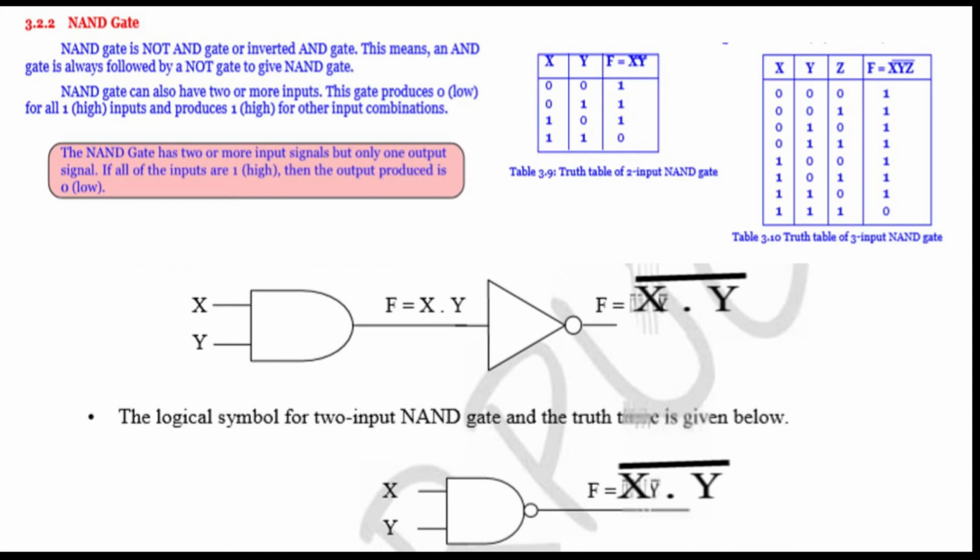So you can see on the screen X and Y are given as input to AND, and X into Y is the output, and that we will give to the NOT, and we will get the result as (X into Y) complement. That is the complementation of X and Y input.